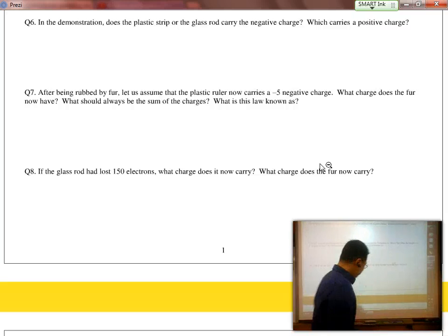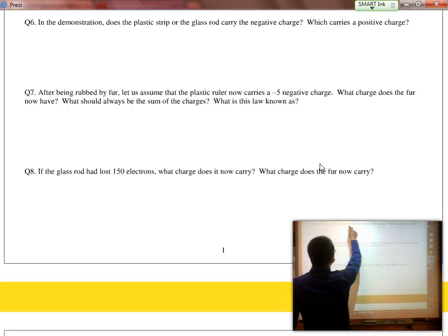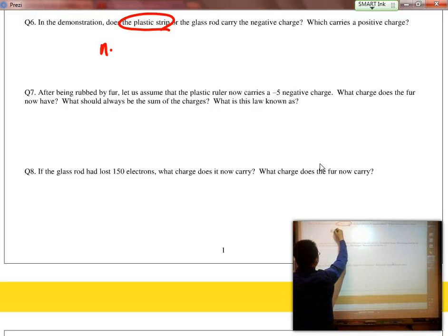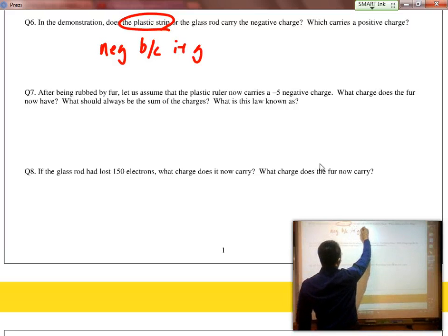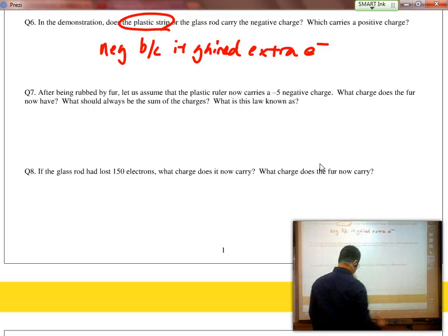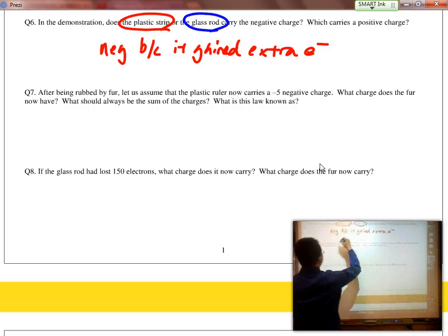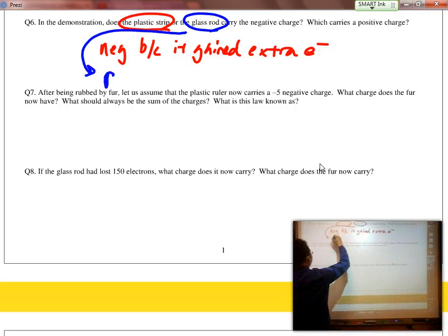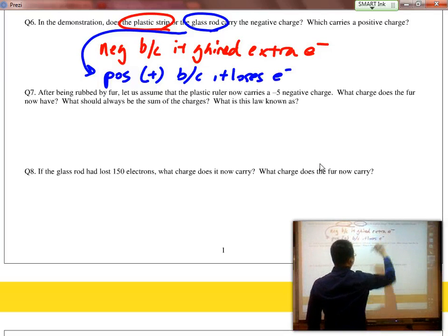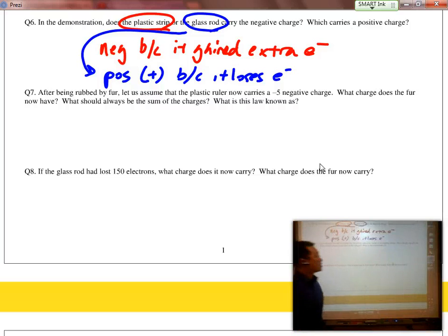So that overall, the plastic strip, or really the ebonite rod, gained a negative charge because it gained extra electrons, while the glass rod carries a positive charge because it loses electrons.